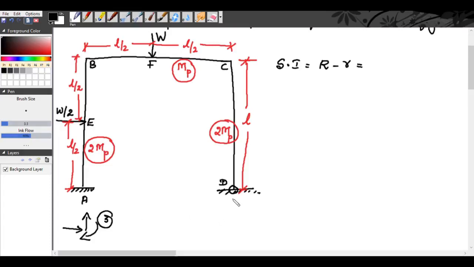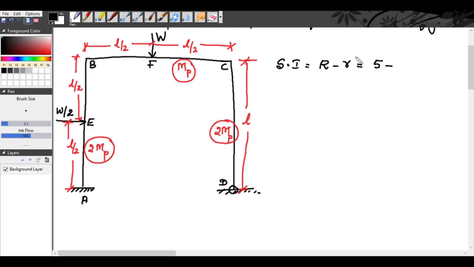At D, we have a vertical reaction and a horizontal reaction. Because it is a hinged support, moment is equal to 0. Therefore, the number of unknowns at D is 2. So, total unknowns R is equal to 3 plus 2, that is 5.